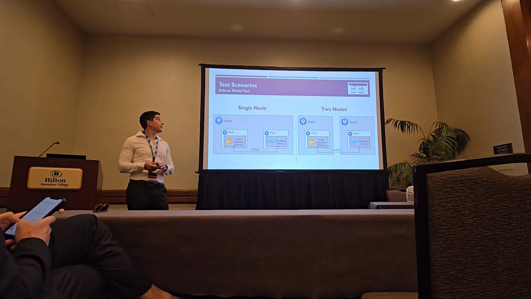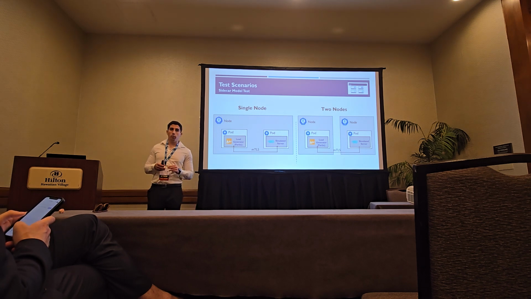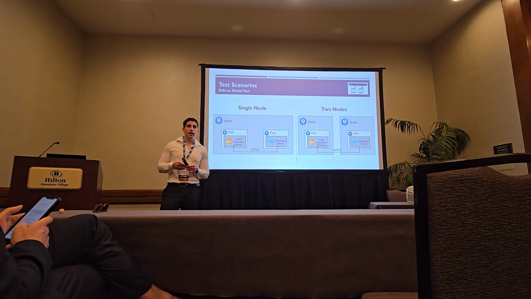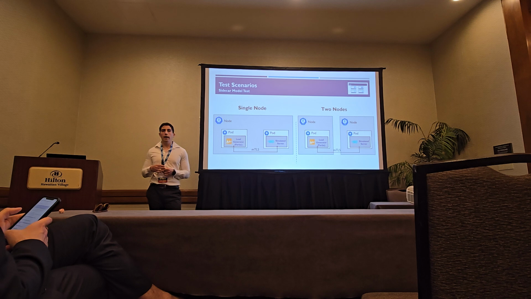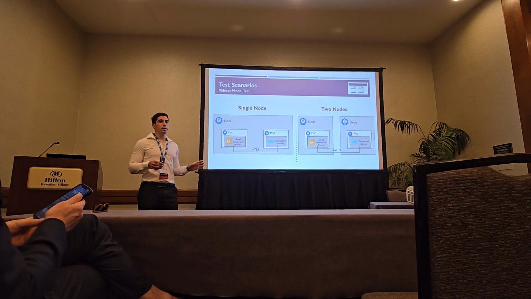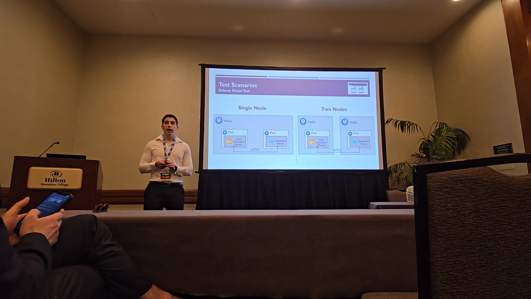Then we can finally test our service meshes. We'll start by testing the sidecar model. We have two sidecar model service meshes that we tested: Istio and Linkerd. In this test, we installed one of the service meshes and let it do the magic.